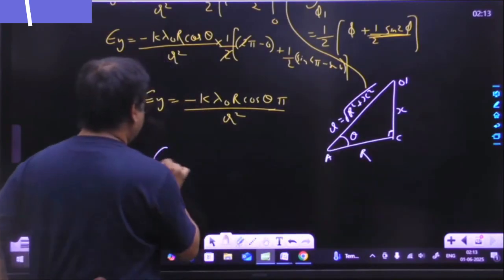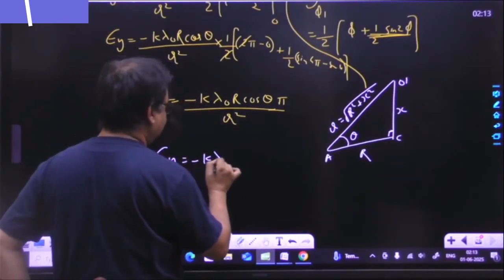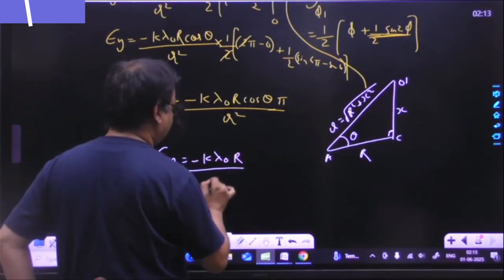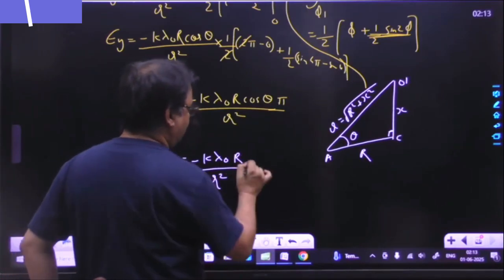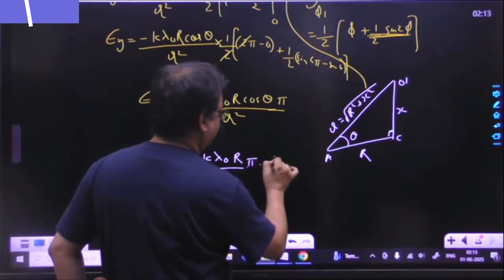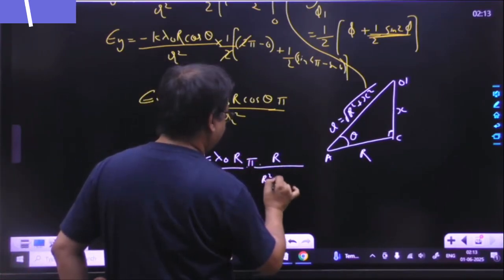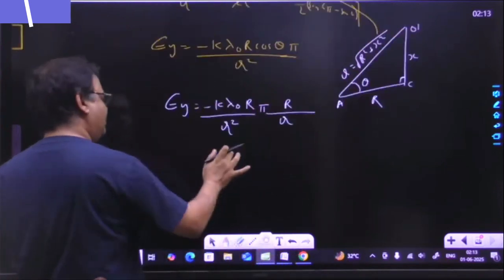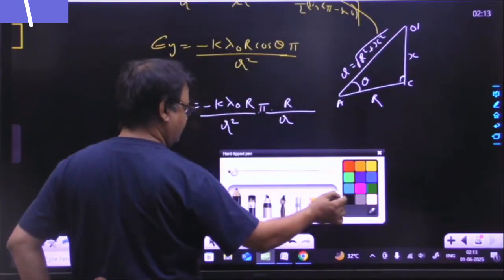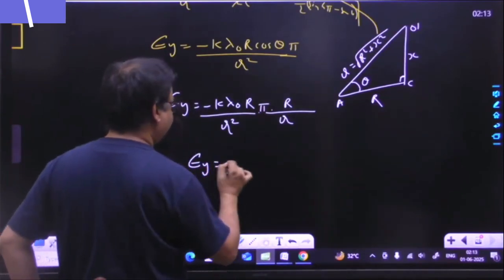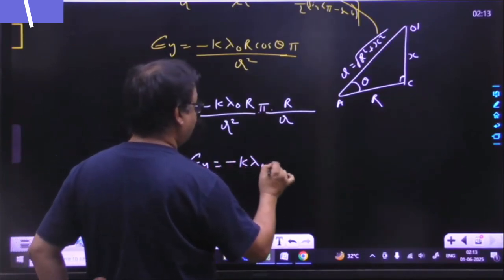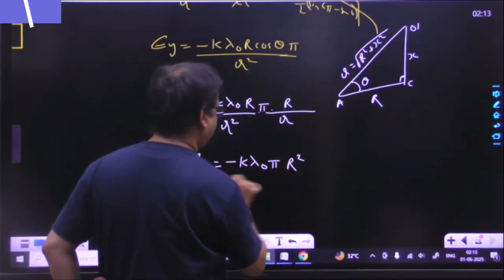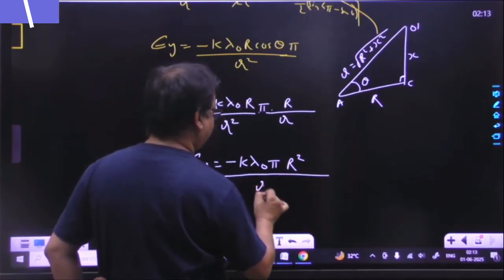So you'll get Ey is minus k lambda naught r by small r square pi, and cos theta is R divided by small r, so we'll get r cube, correct?